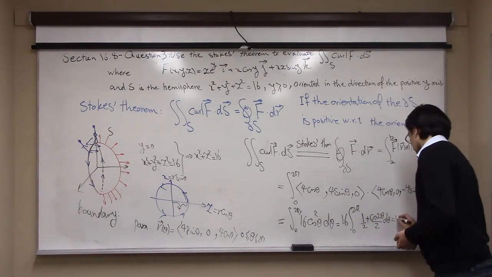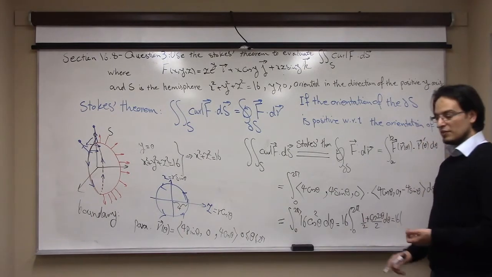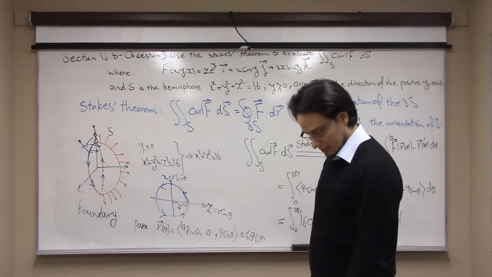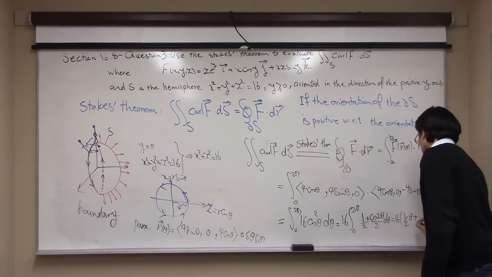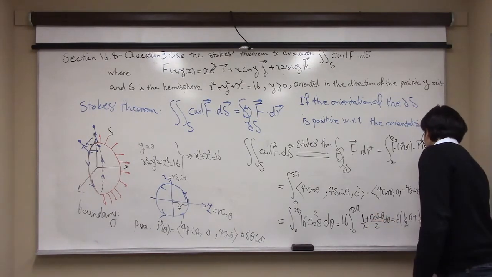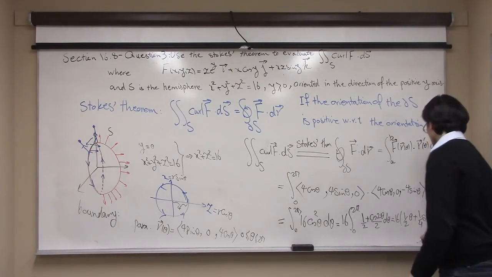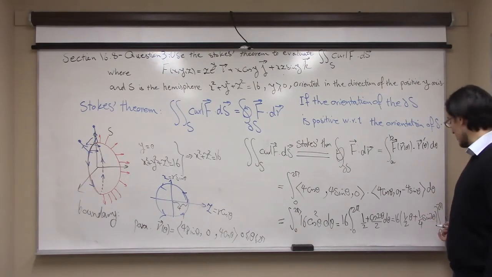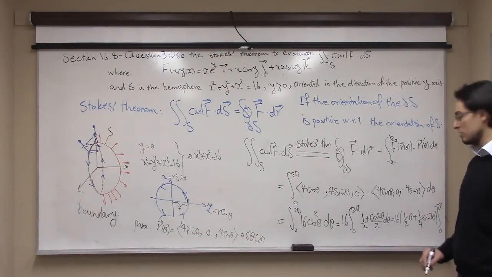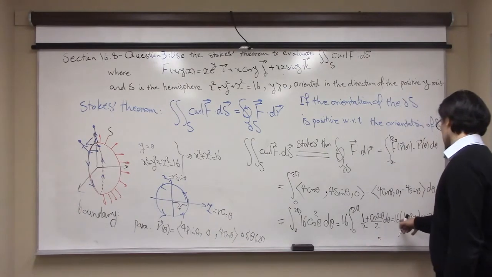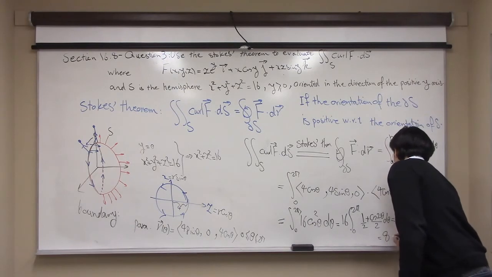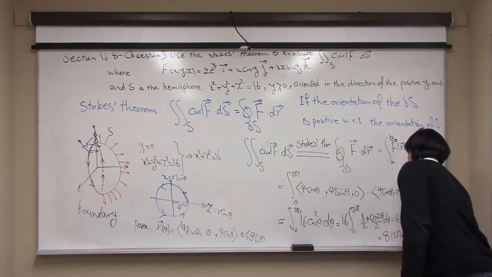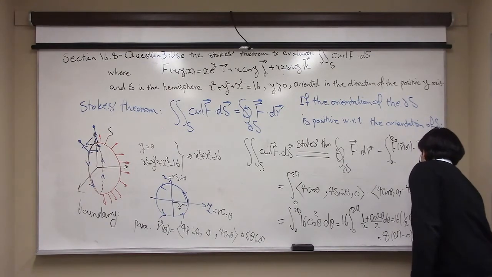Then I get 16 times the antiderivative of a half, which is half theta, and the antiderivative of cosine 2 theta is 1 over 4 sine 2 theta, and we go from 0 to 2 pi. If I plug in 2 pi in sine, I'm going to get 0. If I plug in 0 into sine, I'm going to get 0. And then the only part which remains is this. 16 times half is 8, times 2 pi minus 0, which gives me 16 pi.